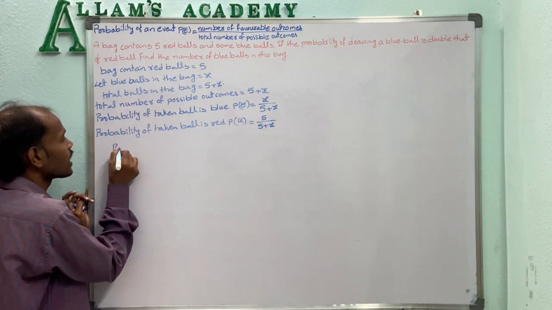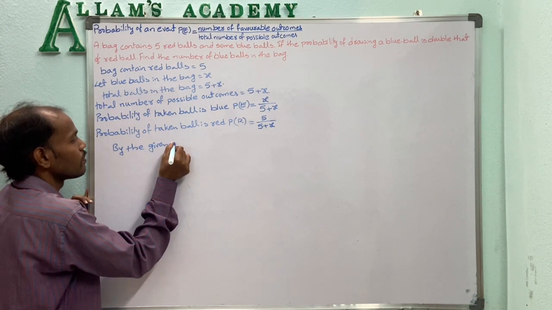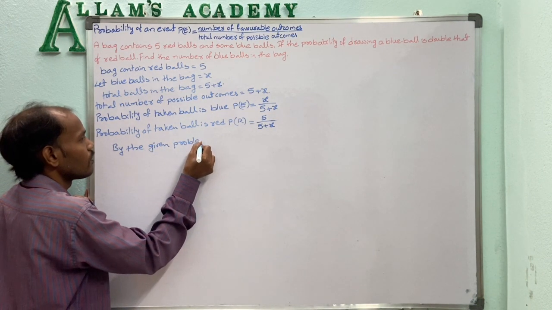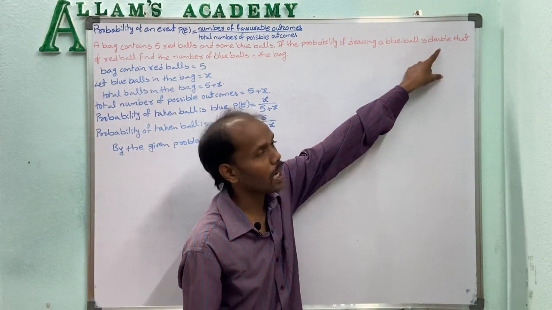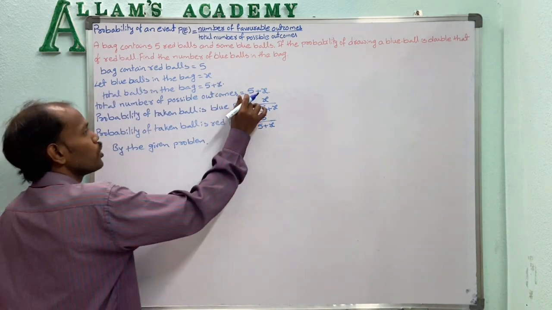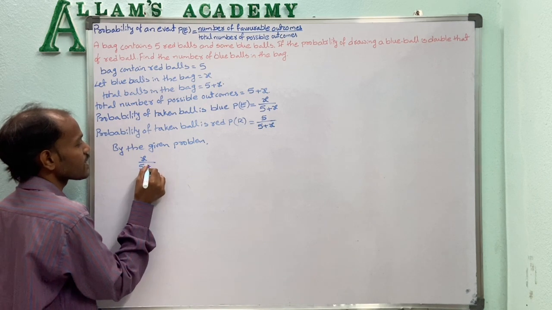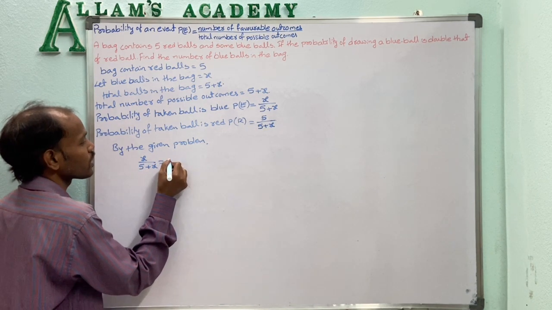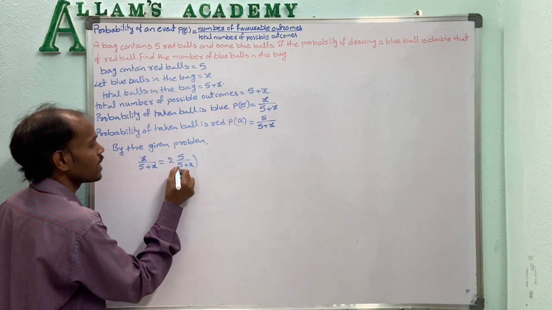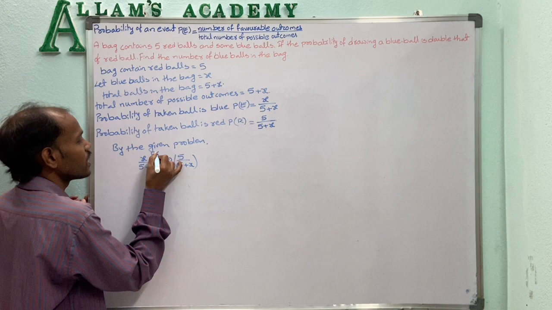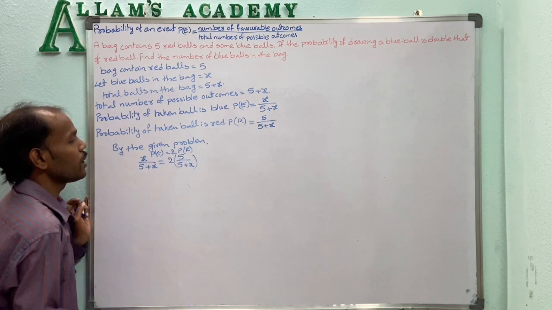Now by the given problem, drawing a blue ball is double that of a red ball. So for the blue ball, x by 5 plus x is equal to 2 times 5 by 5 plus x, that is P of E is equal to 2 into P of red ball.